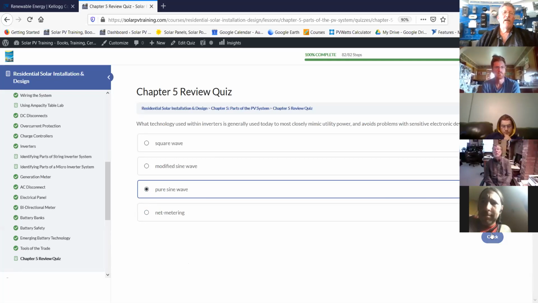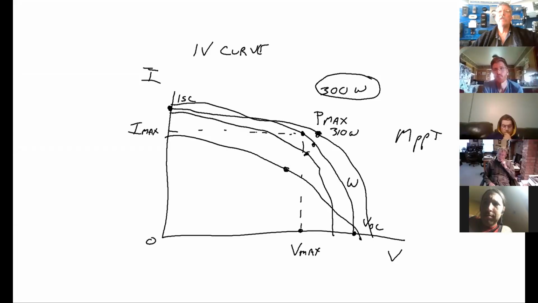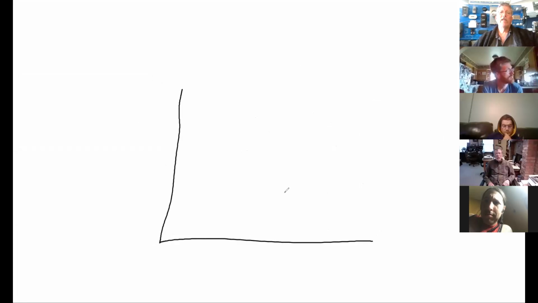So pure sine wave is an analog signal, like a sine wave. On the screen we talk about how the original inverter basically turned DC current, which is a flat line, into AC current. So if we have a DC current here, we want to change it into a sine wave.